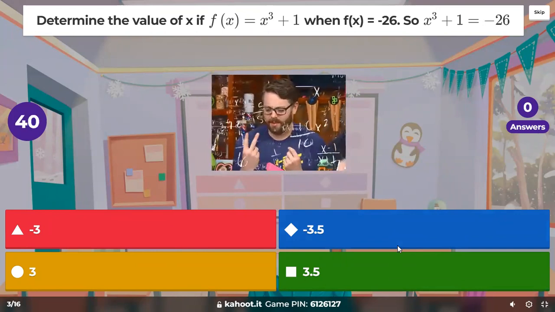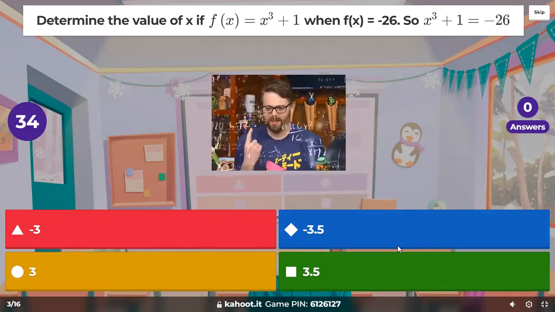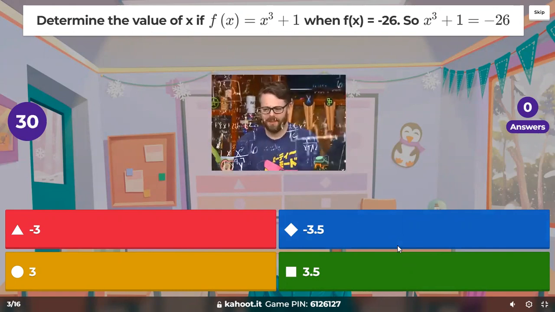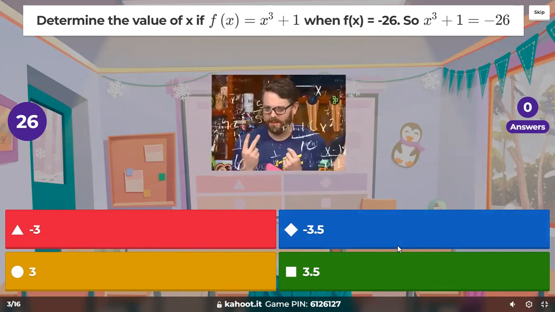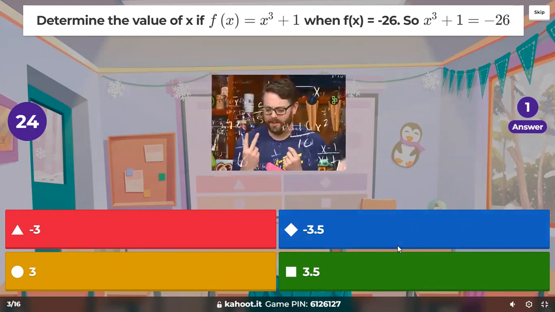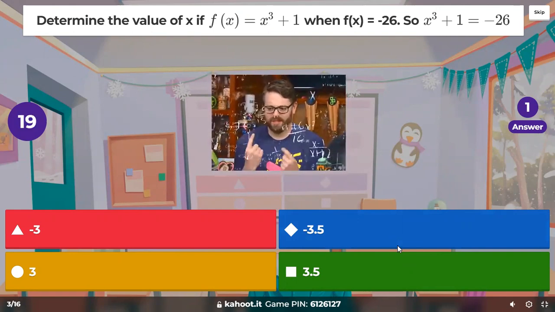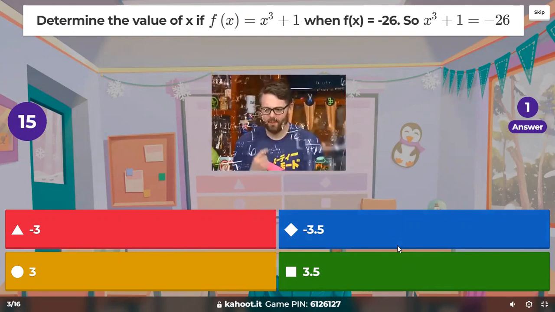F of X is your Y. So you're taking the function and setting it equal to that. Find your cube root on your calculator. If you can't do it in your head, it is math. You literally press math. I think when I said it's math in the past, you thought I was being sarcastic, but I'm not being sarcastic. It's the math button.